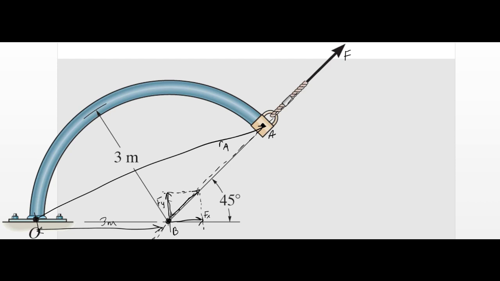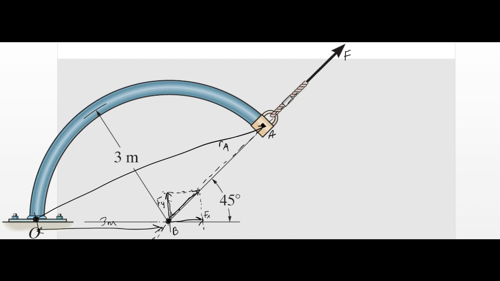Now, which of these is going to cause a moment about point O? Obviously, it's not the x component, because it goes right through point O, so there can be no moment due to Fx. So we only want that y component.